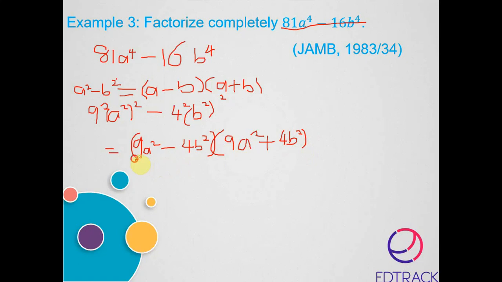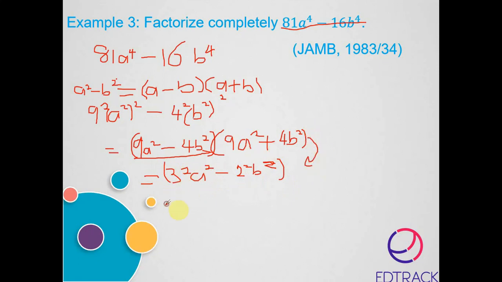Now, looking at this side, if you compare this particular one to this, you will see that it's almost the same thing. What do I mean? We can rewrite this as 3 squared a squared minus 2 squared b squared, which means I can also rewrite this in its expanded form, then join it together with this.